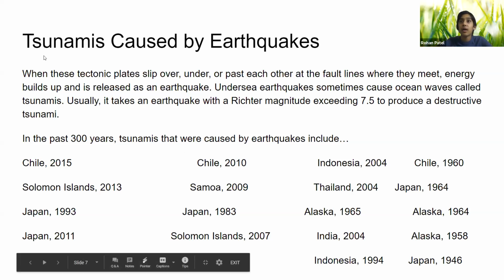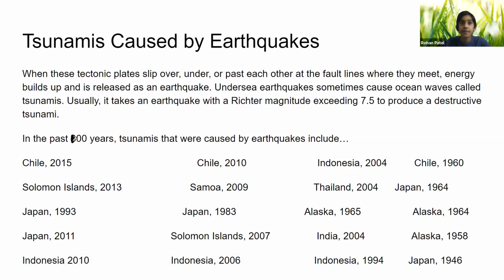Now, there is a typo here. It's not 300, it's supposed to be 100 years.